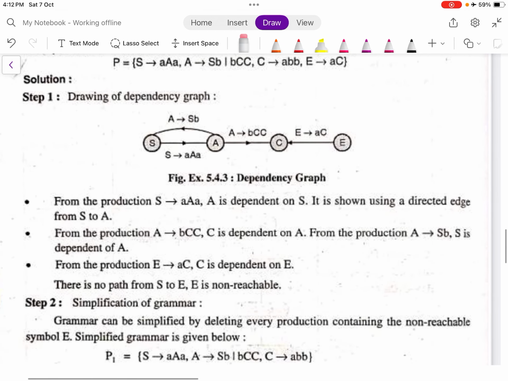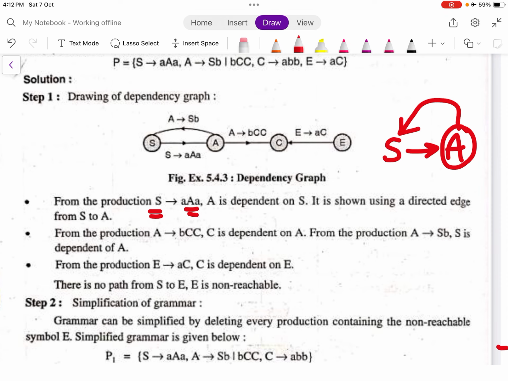From production S, A is dependent on S. It is shown using a directed edge from S to A. From production A, B, C is dependent on A. From production S is dependent on A.